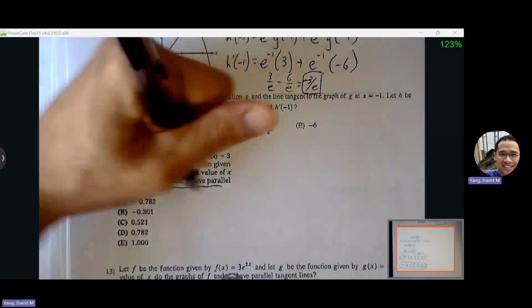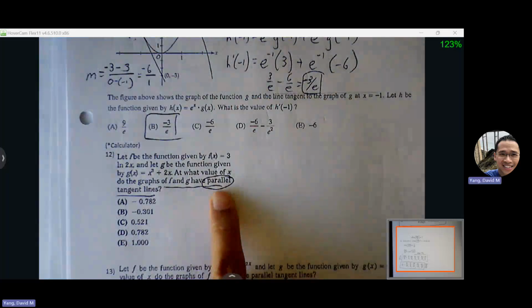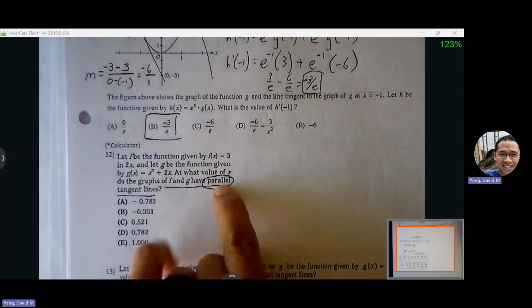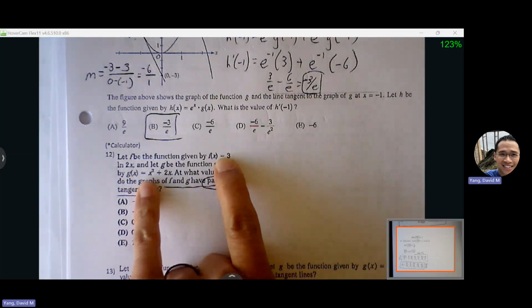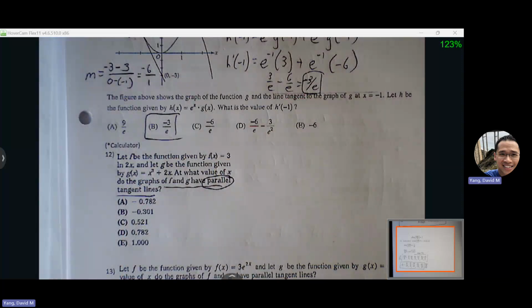So parallel means that what? Slopes are the same. So essentially that's the same thing as saying when the derivatives are the same. We just have to figure out when the two graphs have the same slopes.